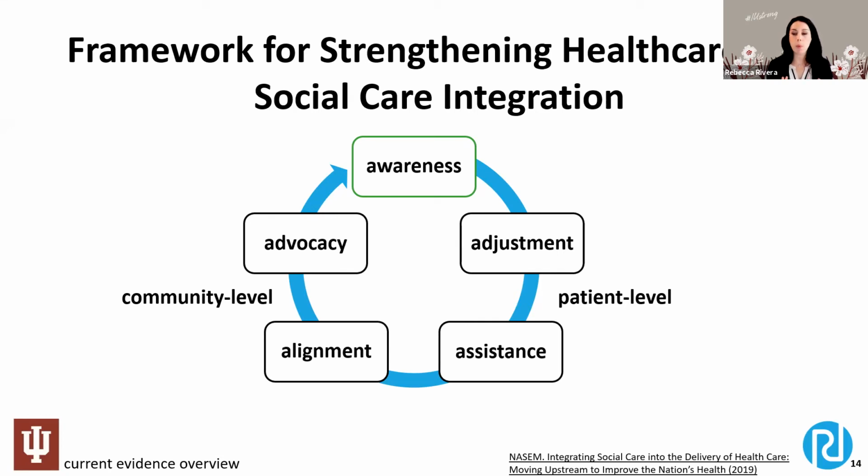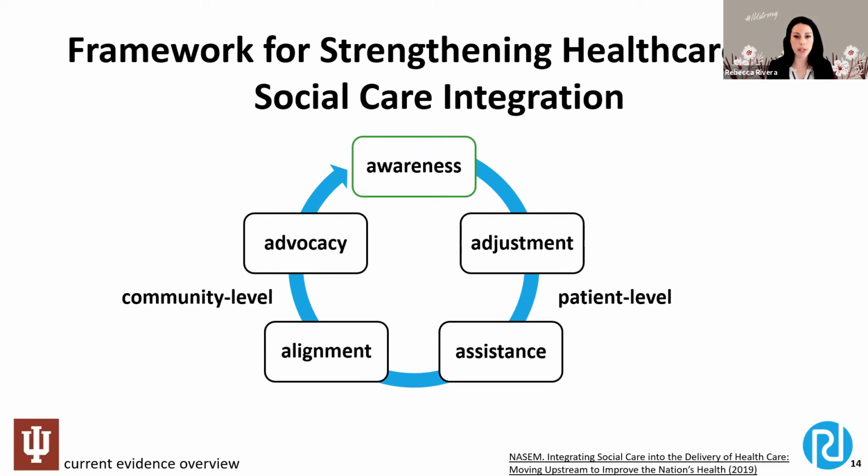So we start with awareness. I have it highlighted in green because this is where most of the healthcare institutions that are beginning to or have implemented approaches to addressing social determinants of health in the clinic are at. This awareness domain crosses both the community level and the patient level.